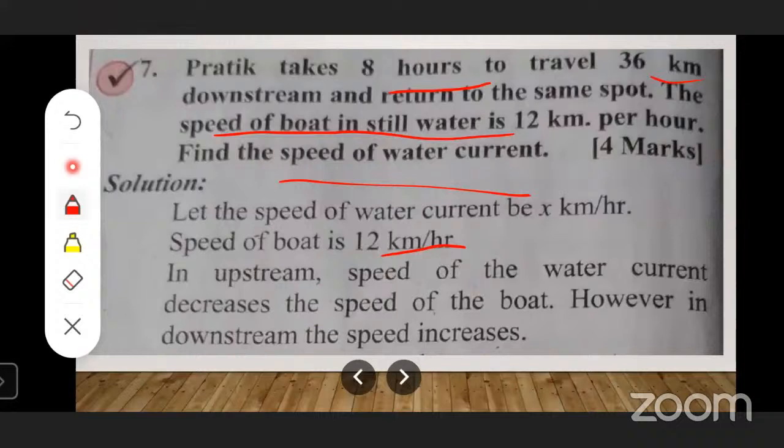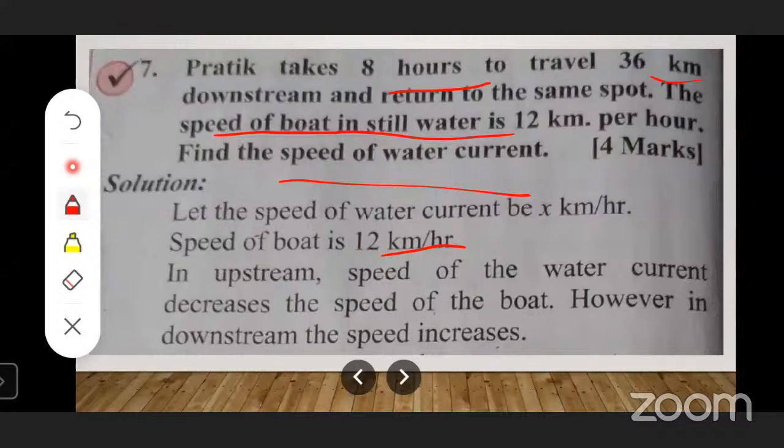Are you understanding, students? Here we need to apply the law of gravity. Earth attracts everything towards itself, so in downstream the speed of the boat will increase, but going upstream, since it is going against gravity, the speed of the boat will decrease.